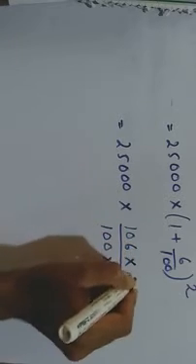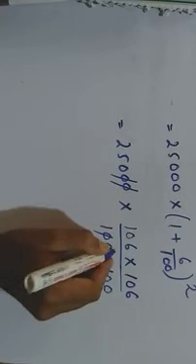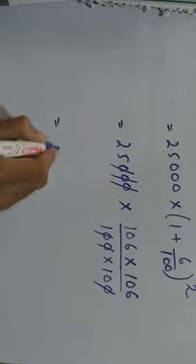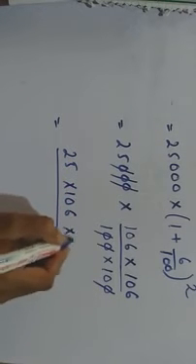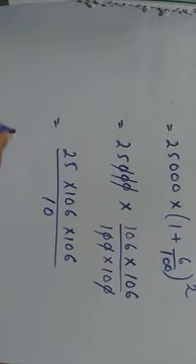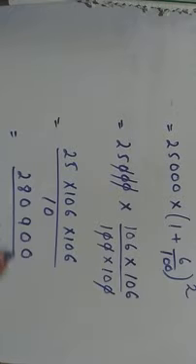So 106 multiplied by 106. Now you can cancel 0, 0, 1, 2, 1, 2, and one more 0 you can cancel. 25 multiplied by 106 multiplied by 106 by 10. So here you will get 280900 by 10. Now you can cancel 0, 0.